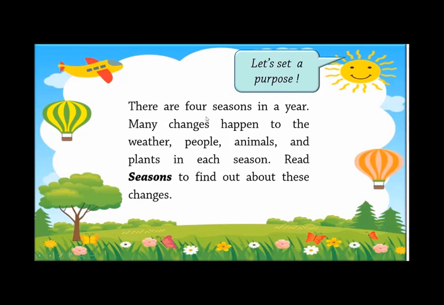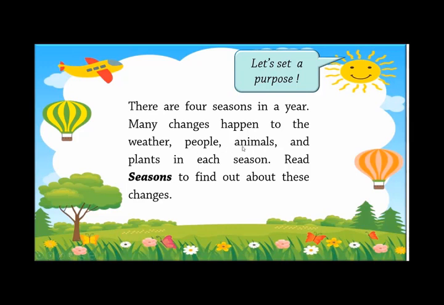There are 4 seasons in a year. Many changes happen to the weather, people, animals, and plants. We saw before that the weather is not the same, and the people don't wear the same clothes in all the seasons.